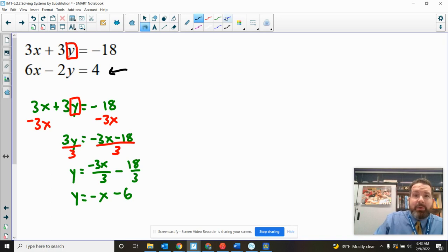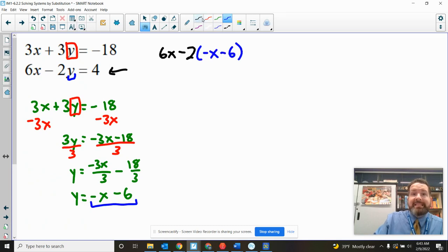Where I see the letter y, I'm going to replace it with its equivalent expression. So 6x minus 2 times y, but y I'm replacing with, in parentheses, a negative x minus 6. The equals 4 stays and equals 4.